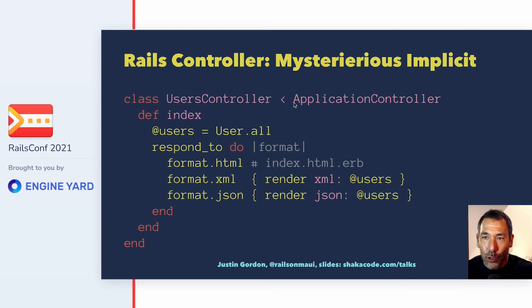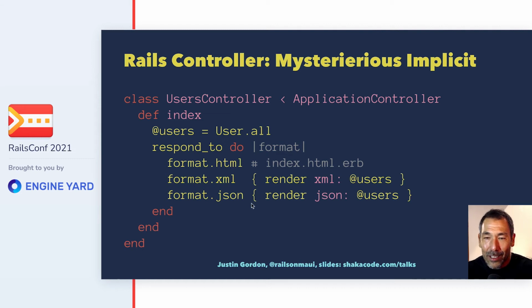With the Rails controller, here's another good example. How many people have seen this code? You see this in the Rails tutorial when you're learning Rails. This code is pretty darn mysterious. What we're doing here is defining what sort of XML we're going to return if the browser wants XML, and some JSON if the browser wants JSON. So what in the world does this all mean?